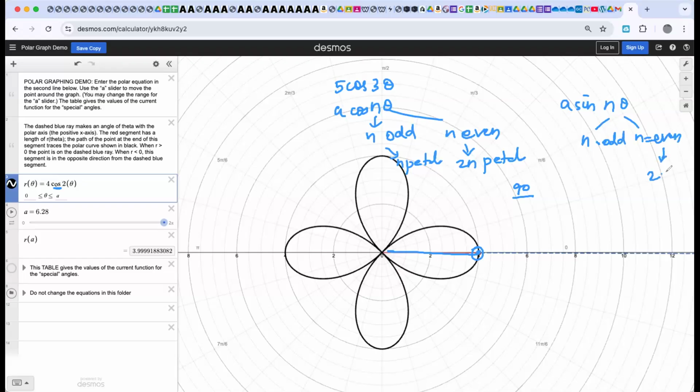Here it is 2n petals, here it is n petals. For sine, how do you start? You will have to do 90 by n to get the starting point where it reaches its maximum. The maximum is always this one. So here, 4 is the maximum. A is always the maximum value.